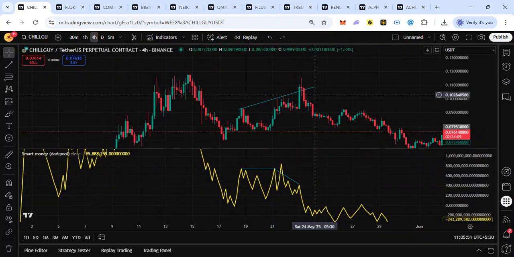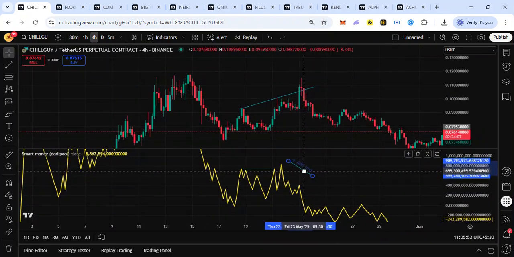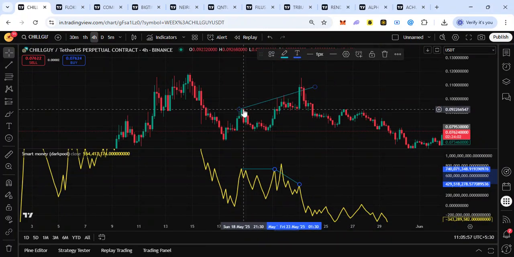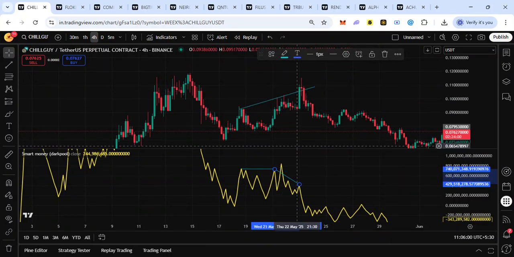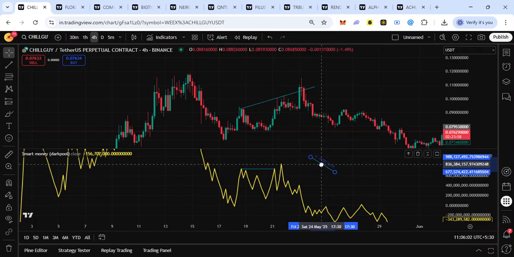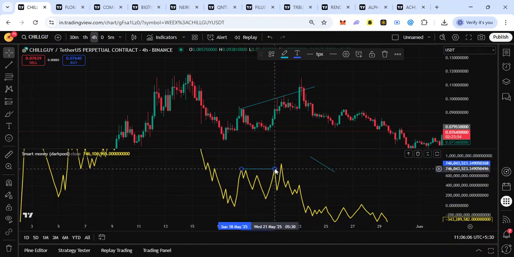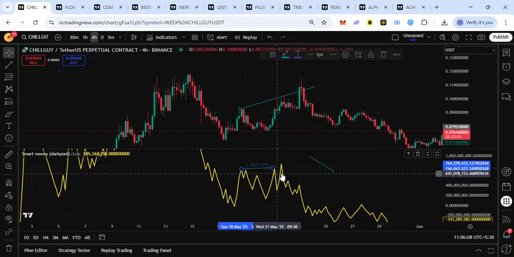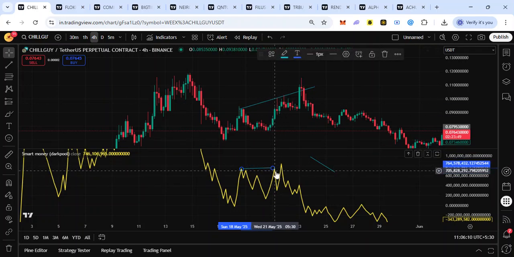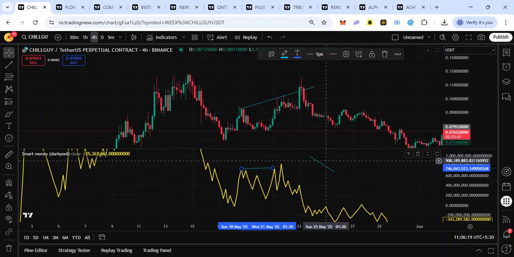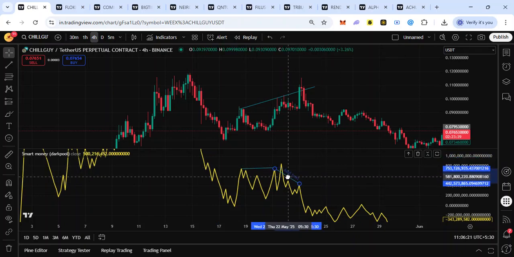For example, these are the lines which I have drawn, which even you have to draw when you see these scenarios. When you see the higher highs, I see a very peculiar character of the dark pool: it is not making a higher high at this exact level. The chart here has been flattened, and after that, when it has made another higher high, I have seen it dropping here.